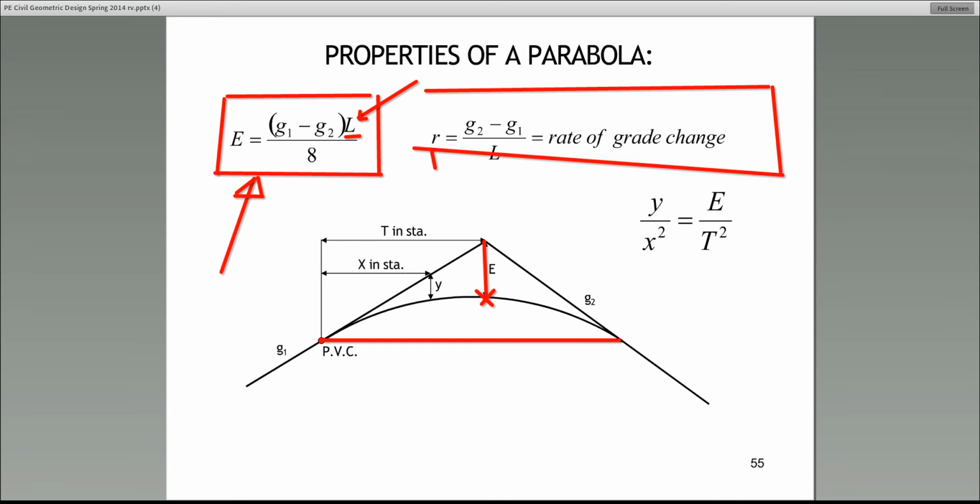And by the way, that next equation is important because it does show up on the test. What they're asking you to do is to find what's known as the rate of grade change. The rate of grade change. All you have to do, guys, is use that equation. All right, R is equal to G2 minus G1 over L.